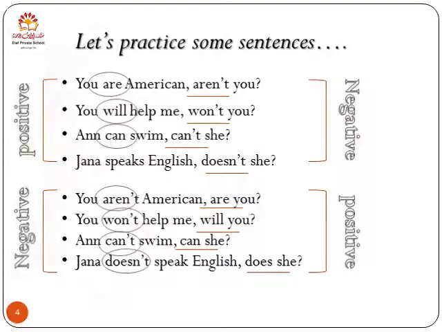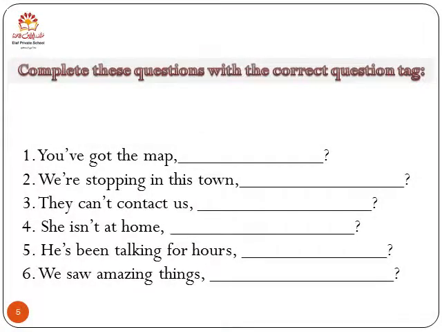Alright, I have a little exercise for you. Complete these questions with the correct question tag. I have 6 sentences here. I want you to bring a piece of paper so you can write your answers down.